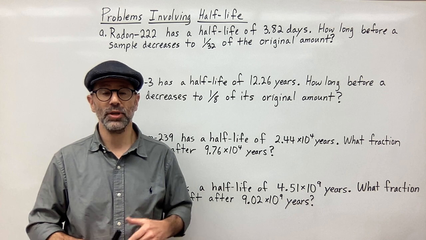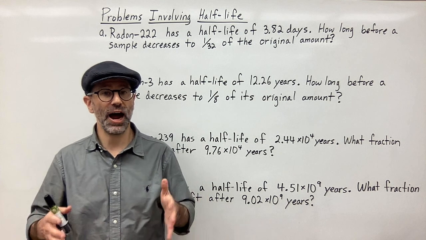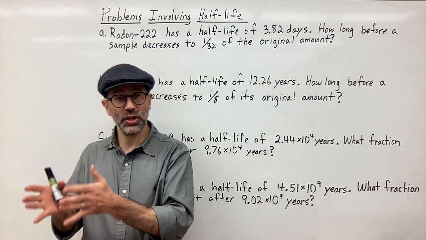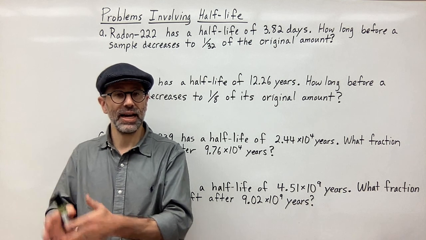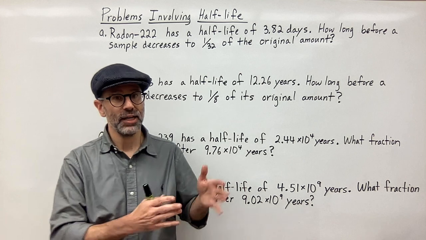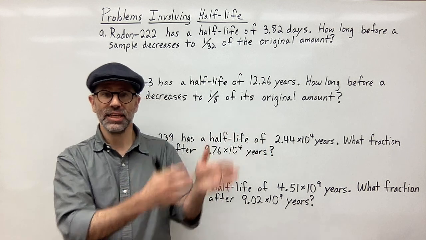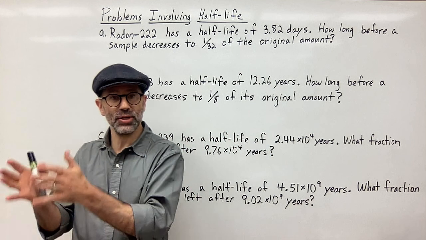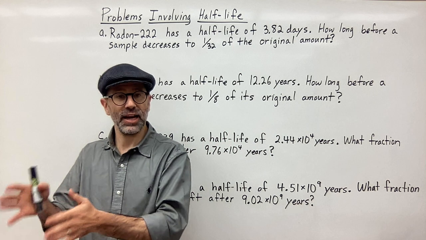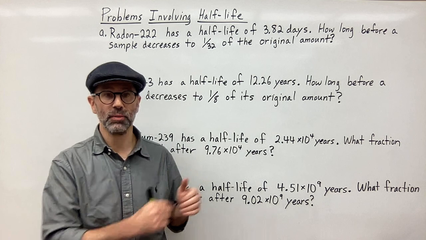For example, if my sample went through five half-lives, and I know the amount I'm left with, and I want to know how much I started with, I have to work backwards. Since my original sample was halved each time to get to the amount I have now, to go backwards I have to multiply by two that same number of times.